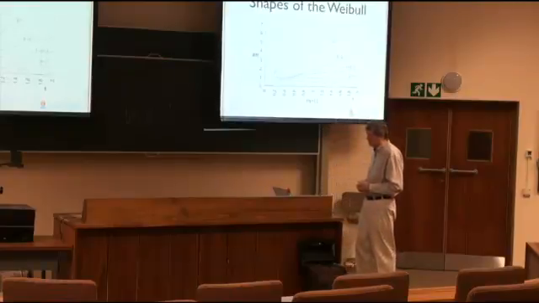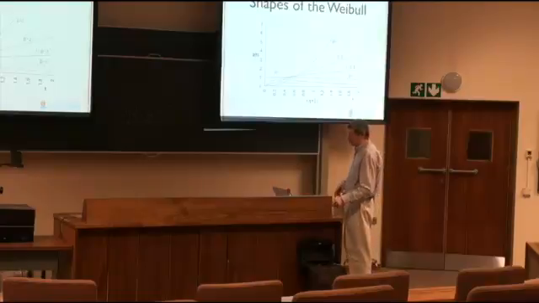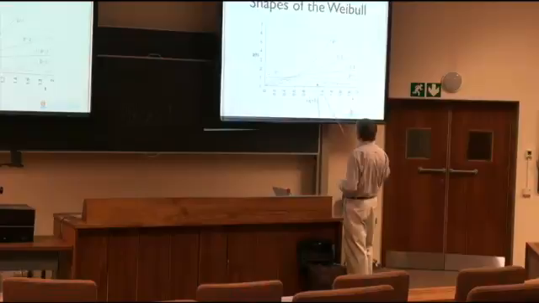Right, and the opposite of that, the survival function shapes, and then eventually the force of mortality shapes. You see that for beta smaller than 1, it has a decreasing force of mortality. For beta equals 1, it has a constant force of mortality, and as beta moves above 1, it has different shapes of increasing force of mortality.